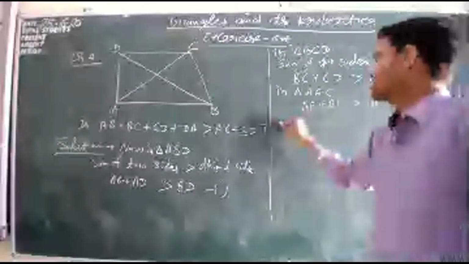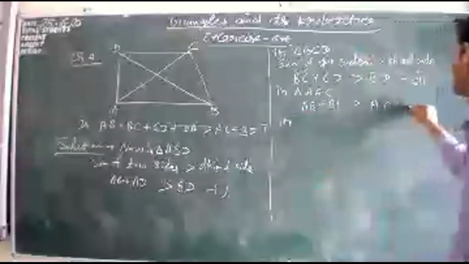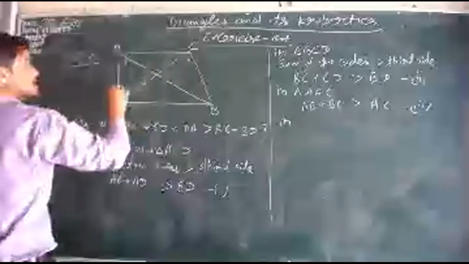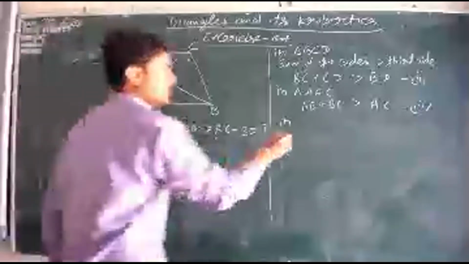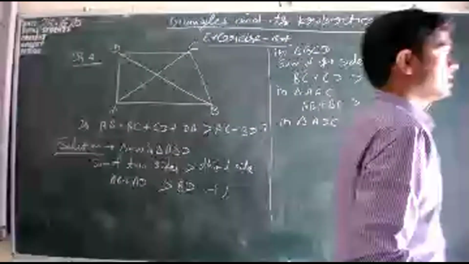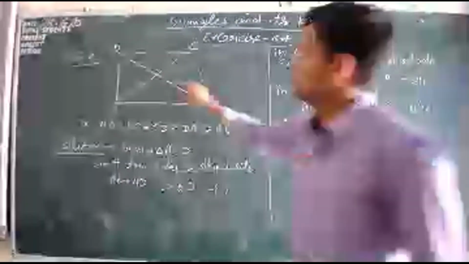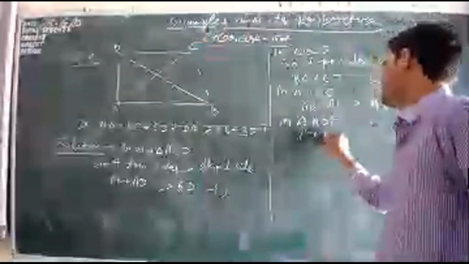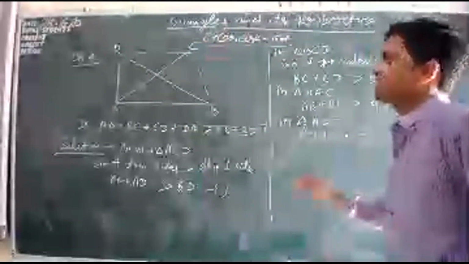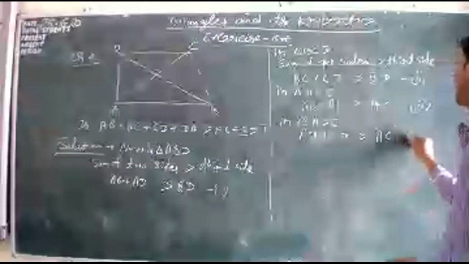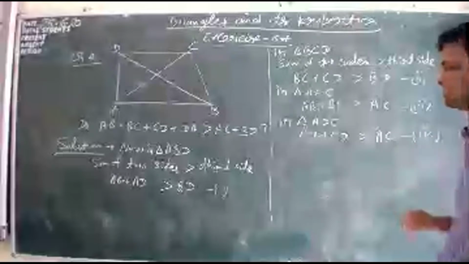Okay, that is the third inequality. And the fourth triangle is ADC. In triangle ADC, the sum of two sides AD plus CD should be greater than the third side AC. That's your fourth inequality.